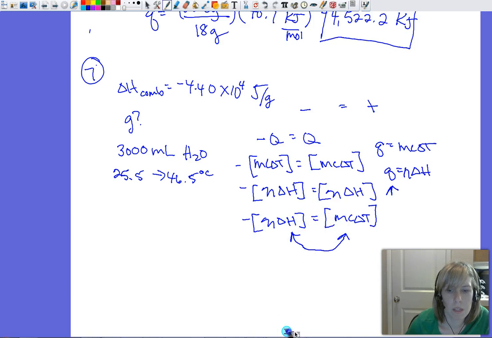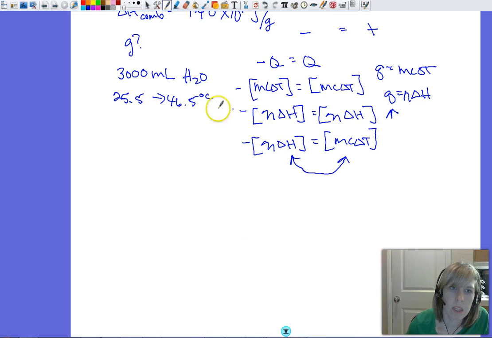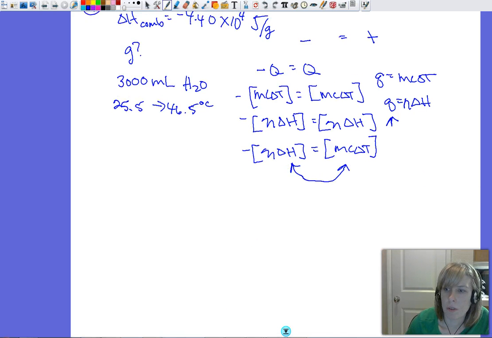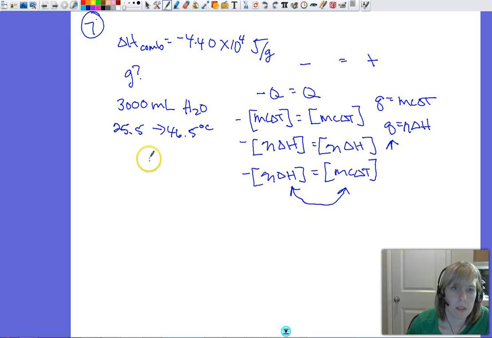So first we need to determine what information we have and what we can do with it. So we're going to take a look at this. We have delta H of our gas, and we're looking for grams.